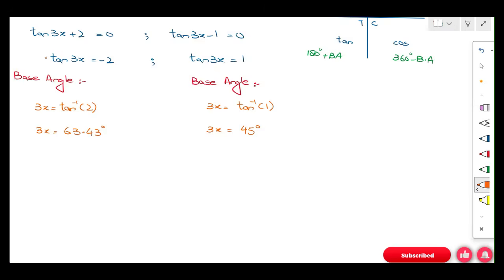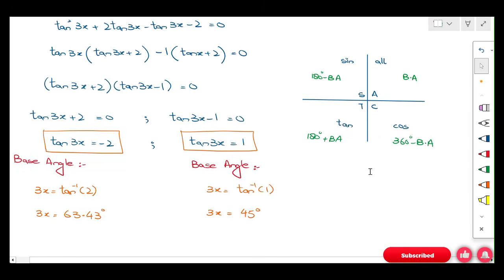Now this equation tells us that tangent is negative, and this equation tells us that tangent is positive. We all know that tangent is positive in the first and third quadrants, and negative in the second and fourth.